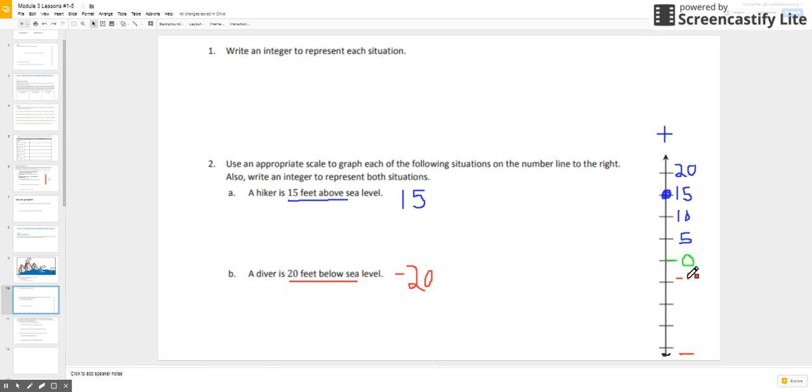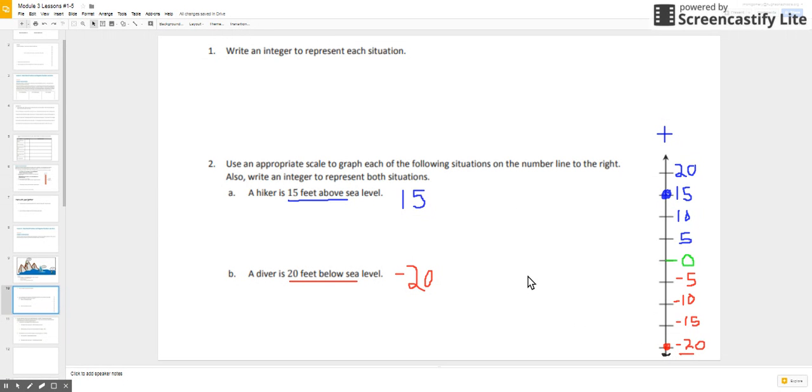I have negative 5, negative 10, negative 15, and the last one would be negative 20. That would work as well. And then, of course, we'd mark our spot right there. I mean, if you want to go by 10s, that would probably work. You would just have the 15 in between the 10 and the 20. But I think 5s was probably the most appropriate scale for this. All right, so there we go.